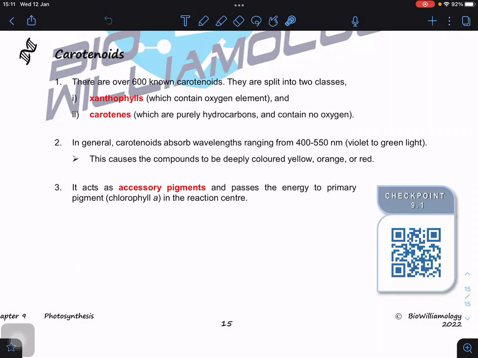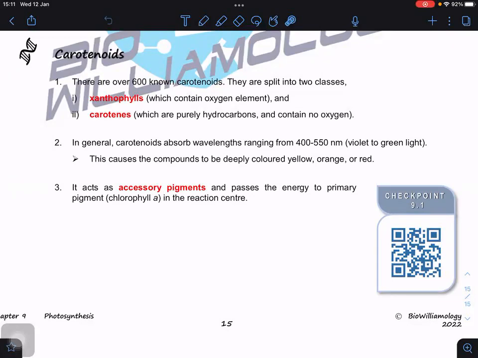Carotenes give the orange color of the carrot. And it's very, very important, because carotene is the precursor for our body to make vitamin A. Those orange-colored foods like tomato and carrots are rich in carotenoids, the pigment.